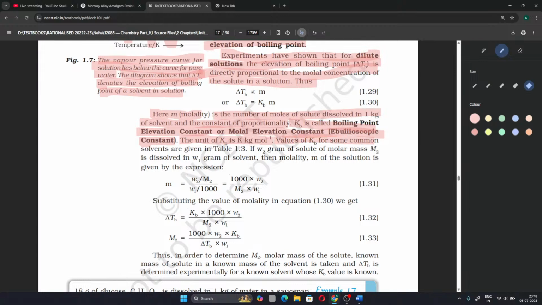Values of Kb for some common solvents are given in table 1.3. I'll see the table later. W2 is the weight in grams of the solute of molar mass M2, dissolved in W1 gram of solvent. Then the molarity of the solution is given by, it's basically the molarity formula they are revising again here.